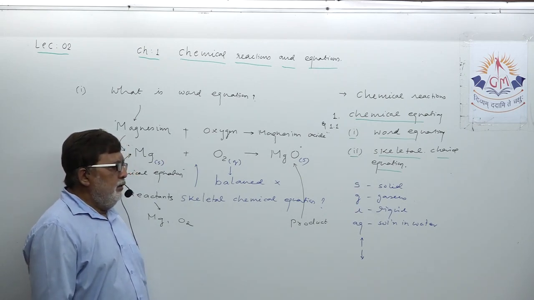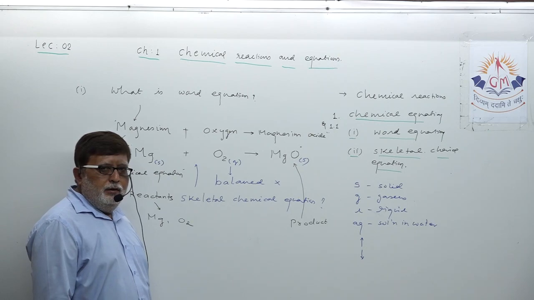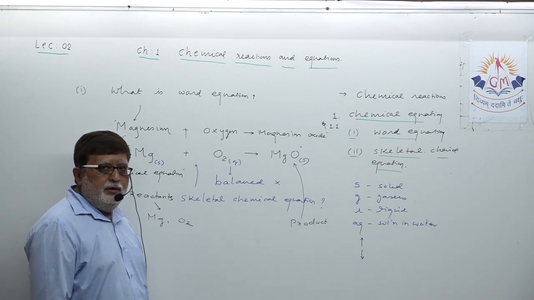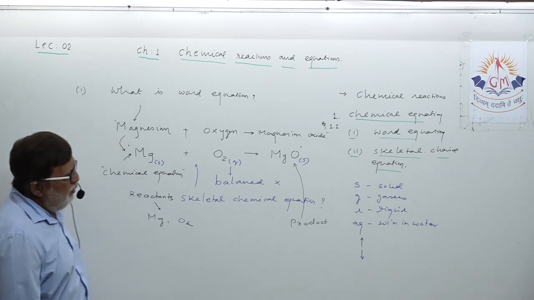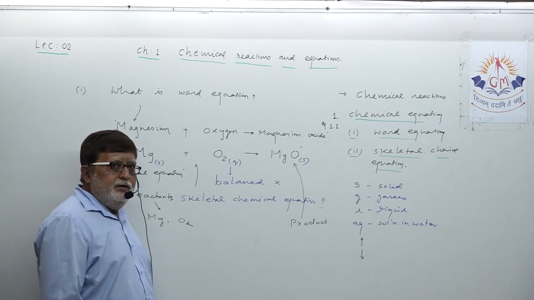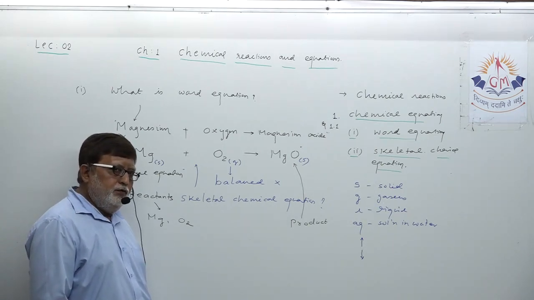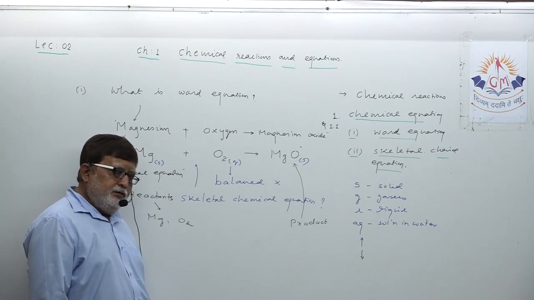Next point, the arrowhead, which is already written in the chemical equation, actually explains the flow of the reaction. Understood? Flow of the reaction, right?